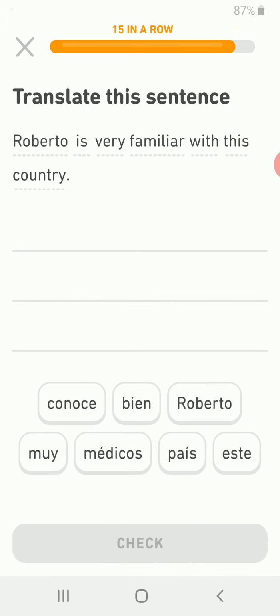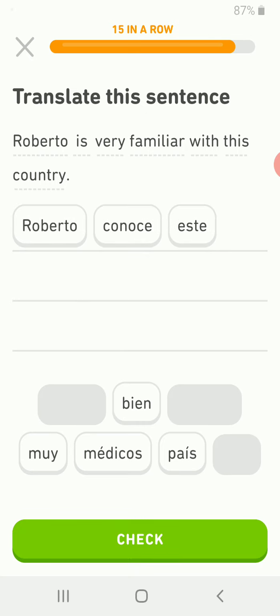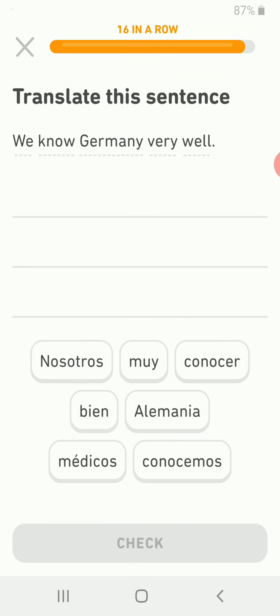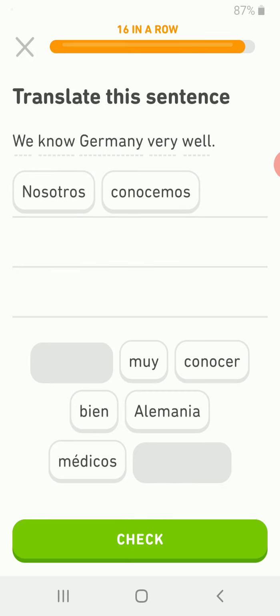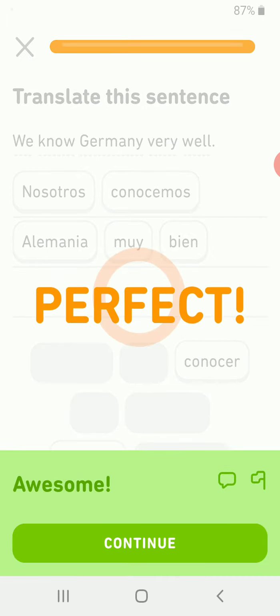Roberto conoce este país muy bien. Very nice, very good. So we know Germany very well. Nosotros conocemos Alemania muy bien.